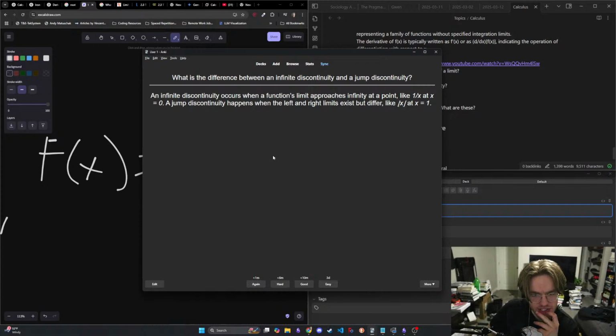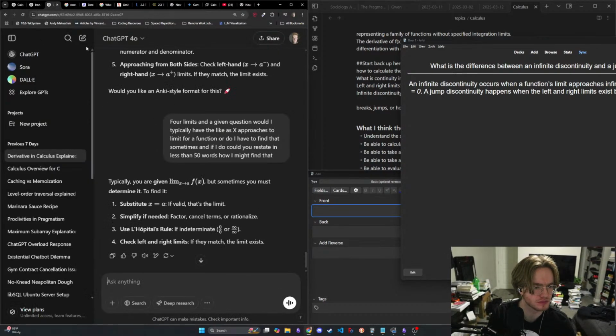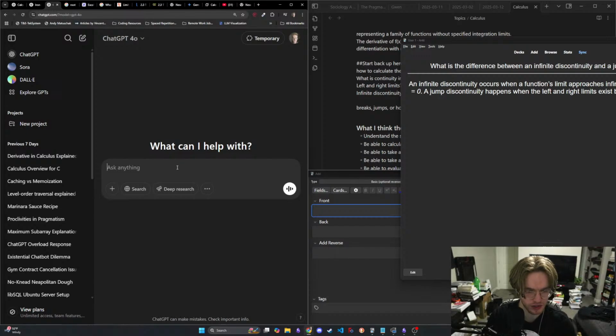An infinite discontinuity is when a function's limit approaches infinity at a point. Okay, approaches infinity. I'm interested why they call it a discontinuity. For an infinite discontinuity, why is it called a discontinuity in calculus?